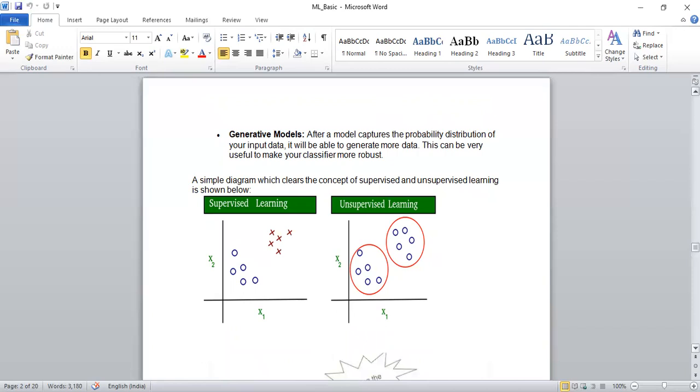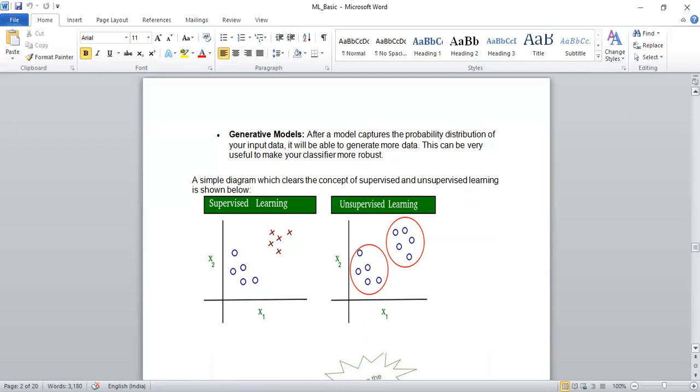This kind of unsupervised learning based model can generate more data, because generative models can capture the probability distribution of your input data.